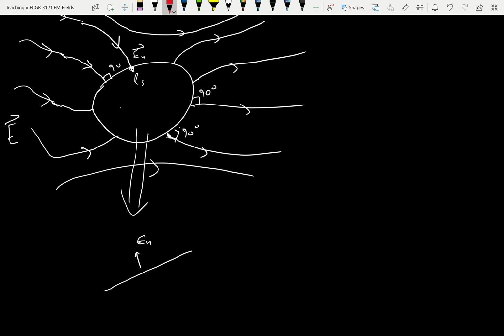I can take a Gaussian surface and extend it underneath the surface. E inside the conductor is 0, so this is the conductor. From Gauss's law, E_n times S, where the surface area is S, equals rho_S S over epsilon naught.